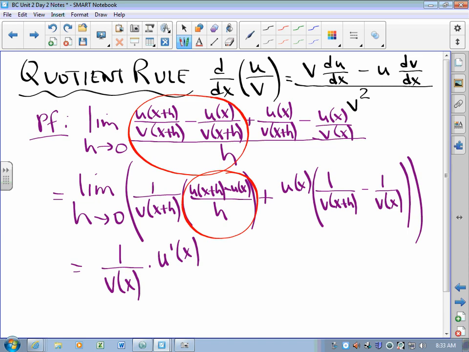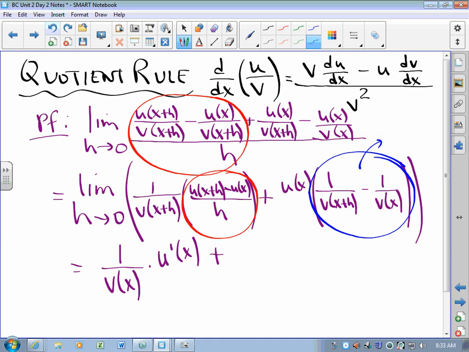Right? The thing on the right, this thing, well, I should go smaller with that because u of x is u of x. This thing, I want to know what that is as h gets closer and closer to 0.